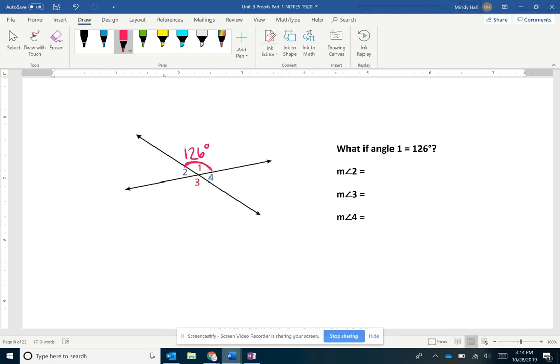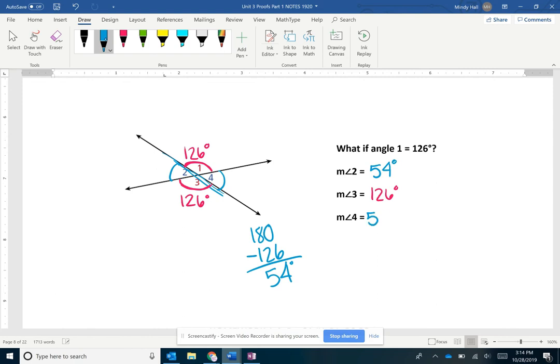We know angle 1 is 126, which means angle 3 is going to be exactly the same because they are vertical angles. So angle 3 is 126 degrees. So then to get angles 2 and 4, we know that they would be supplementary to the other angles that we know. So we would just do 180 minus 126, and that would give me 54 degrees for both angle 2 and angle 4.